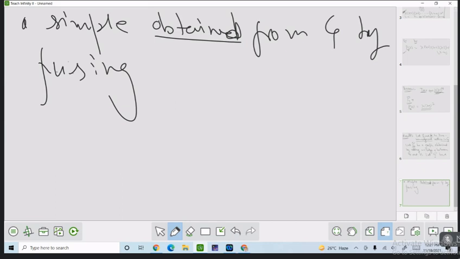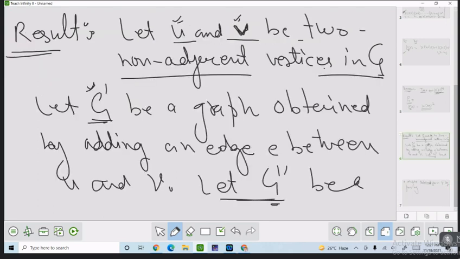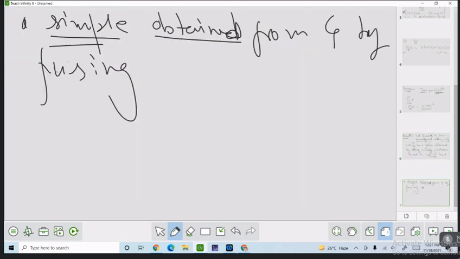When we discuss the fusing of two vertices, you can see that some edges may be converted into parallel edges, and some edges may be converted into self loops. Also we are saying that G double prime is simple. It means that we will remove the parallel edges and self loops obtained by merging these two vertices. Are you getting my point?